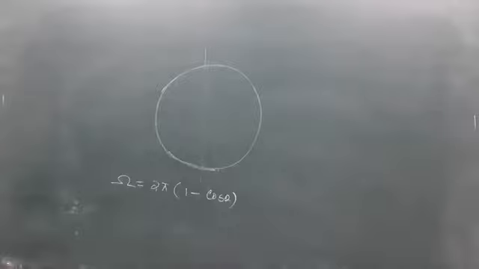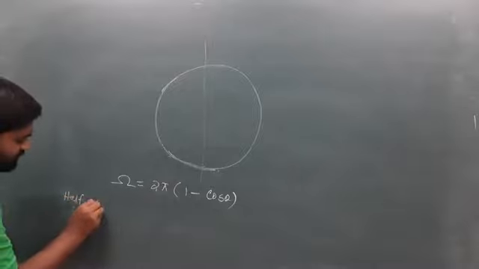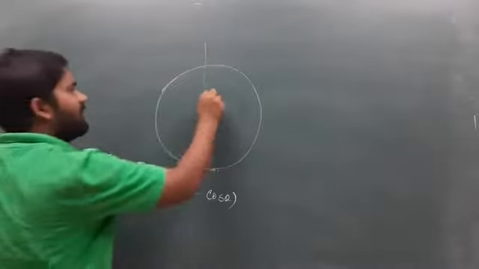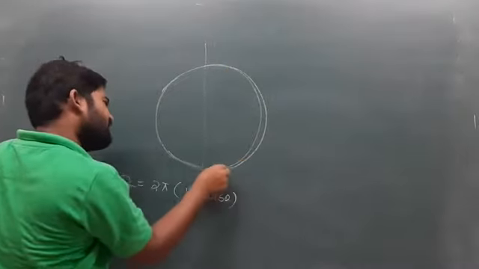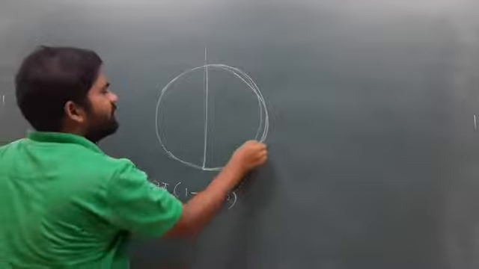If we consider the half angle, this region is called the half angle of the sphere.